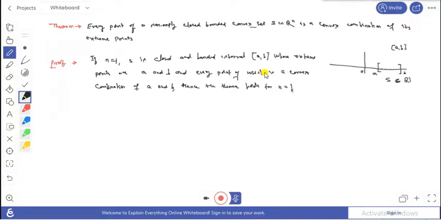Now we assume that this theorem is true for n equals m, and we try to prove that it also holds for n equals m plus 1.